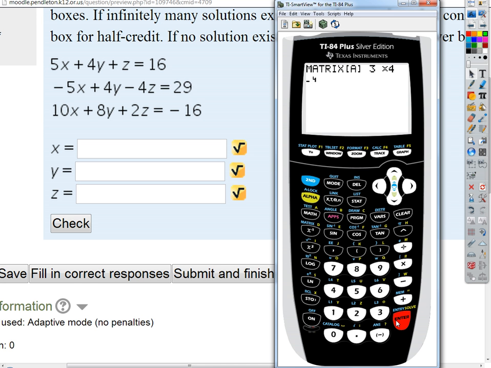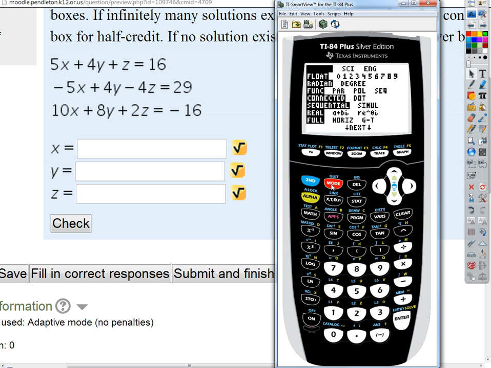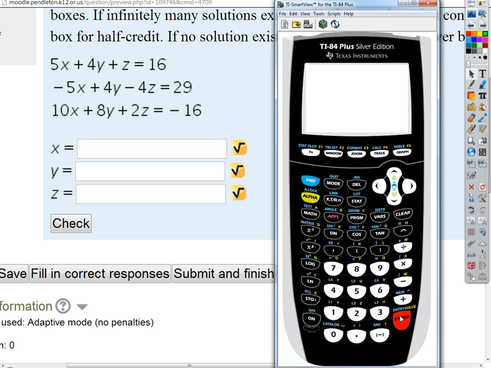Okay. So I got all those in there. Now watch what happens. If I go back, I'm going to quit, and if I go back to my last operation, just by hitting second enter, it's already there. That's my answer.